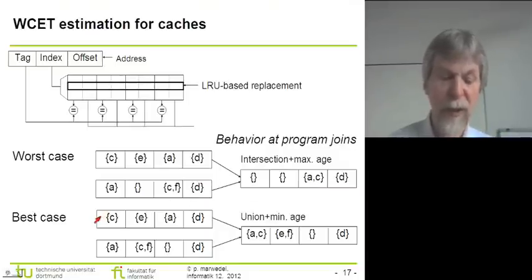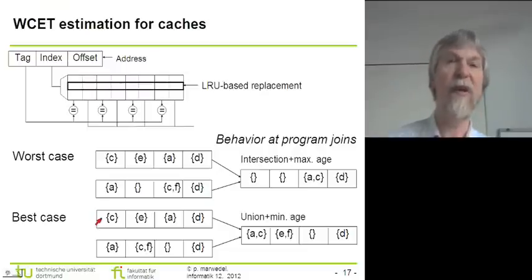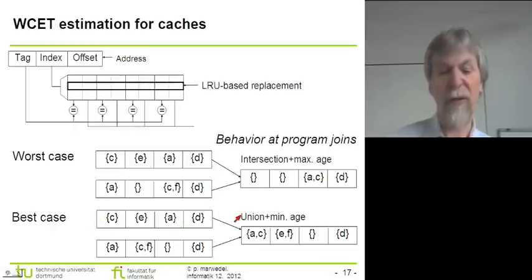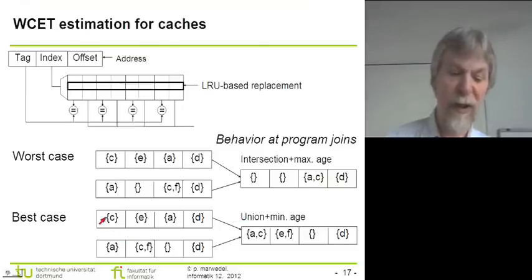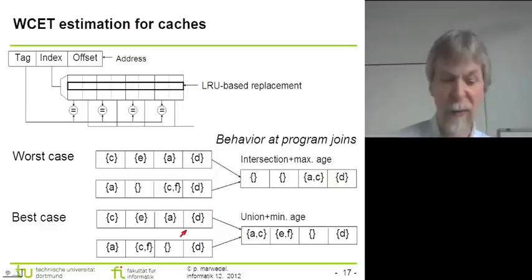In a similar way, we can look at the best case, where we have to look at the union of the different variables that could be there in the cache, because in the best case, C could be there and it could be there in position number 1, because the best case is the situation in which it is corresponding to the youngest entry.